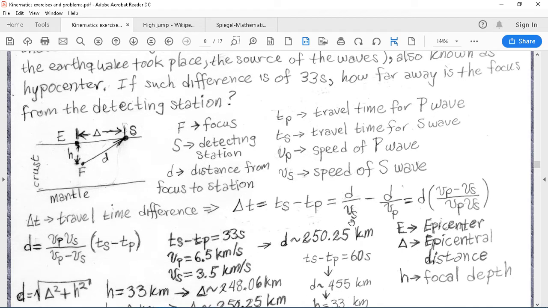Okay, so assuming that these speeds for the P wave and the S wave are constant, we have that Ts equals d over Vs and Tp equals d over Vp. So that delta t equals d times (Vp minus Vs) over (Vp times Vs).